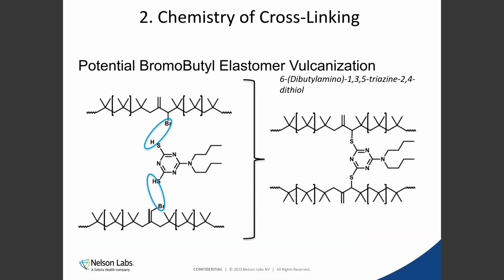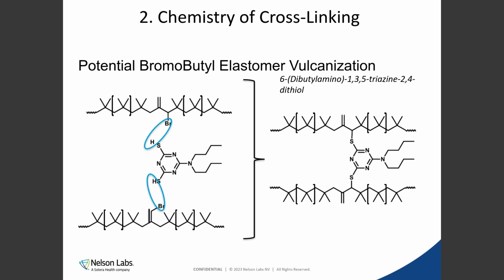So if you look at the normal vulcanization process of a rubber compound, it is always a two-step reaction, meaning first you make a polymer, and the second step you make the cross-linking. For the polymer, you expect that there are some reactive sites.